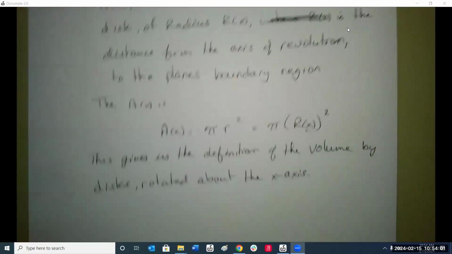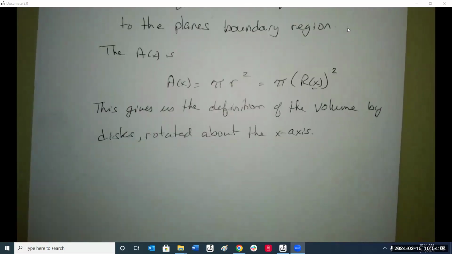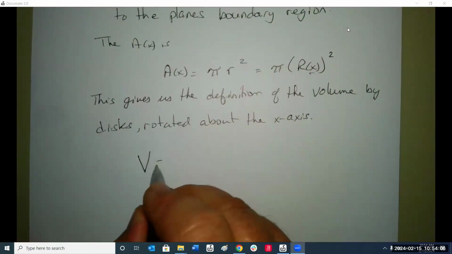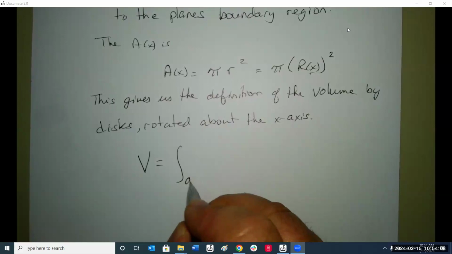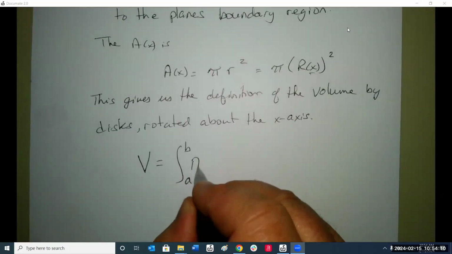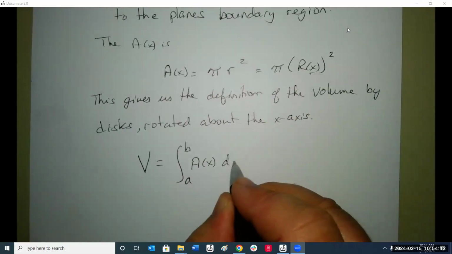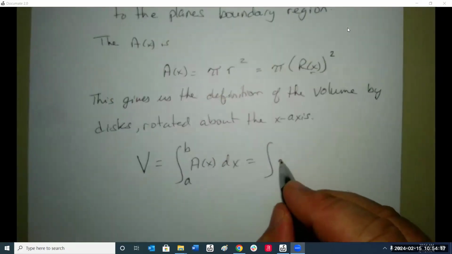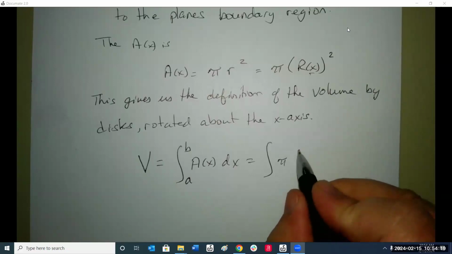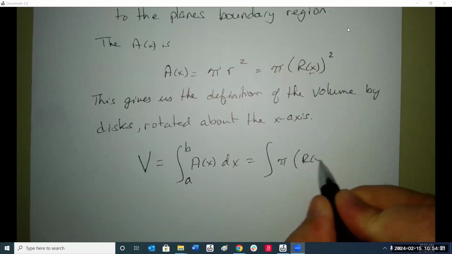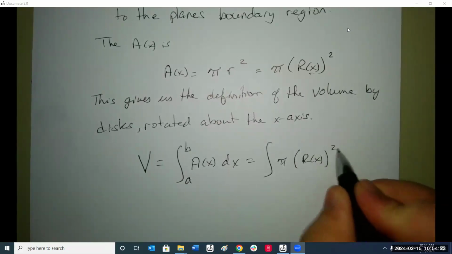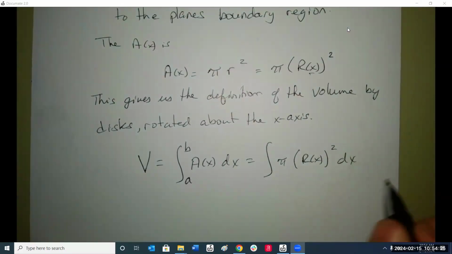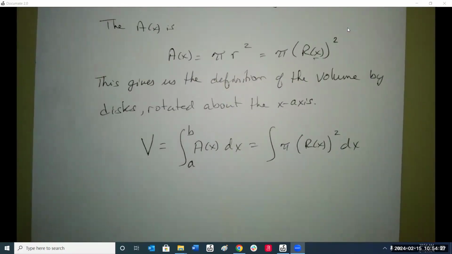Because we're using x, we're rotating about the x-axis. So the volume is from A to B of the area dx, which is pi r of x squared dx. So that's the disk method.